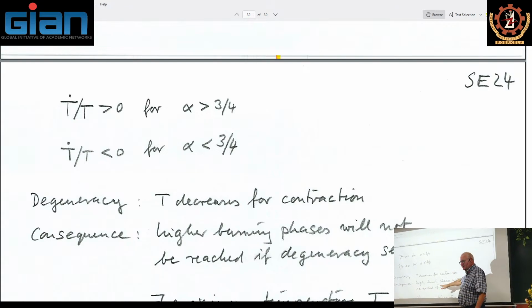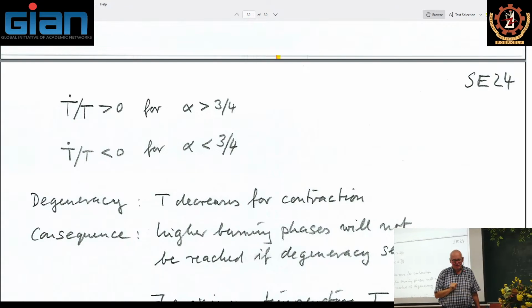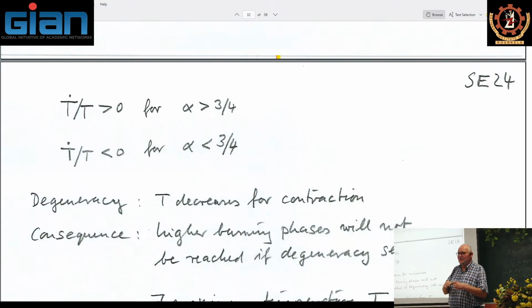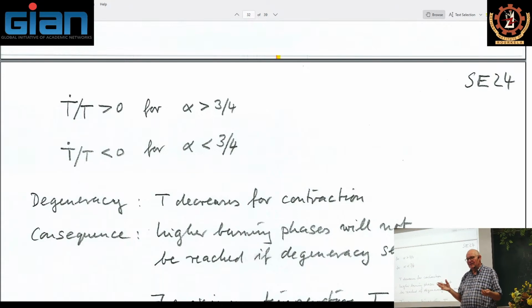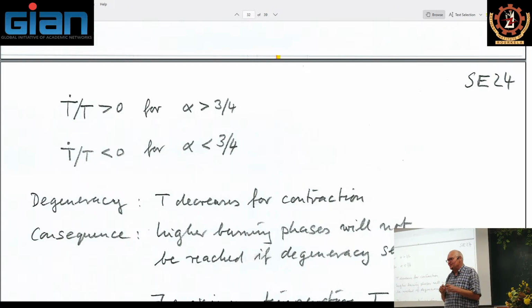And as a consequence, if there is a temperature maximum and we are just in a stage between two possible burning phases, that means that the next burning stage possibly is not reached, and you cannot go through the next burning stage. Well, this helps with our strange situation which came up once we asked what happens if the virial theorem would be valid forever.